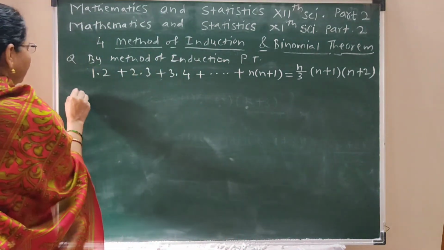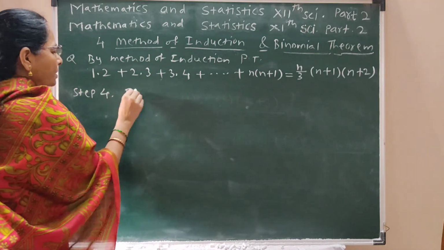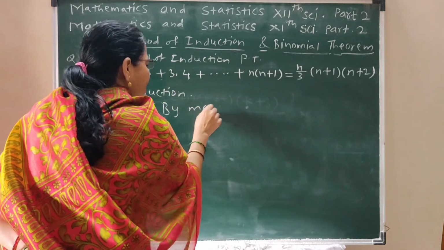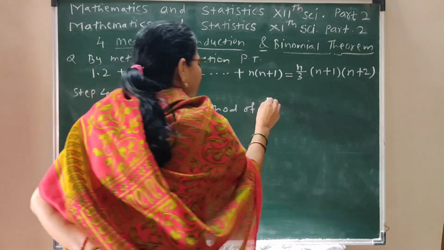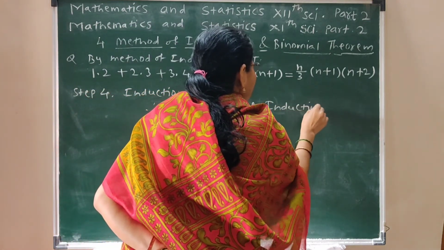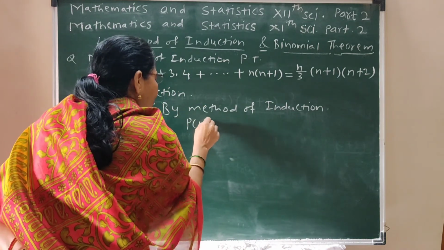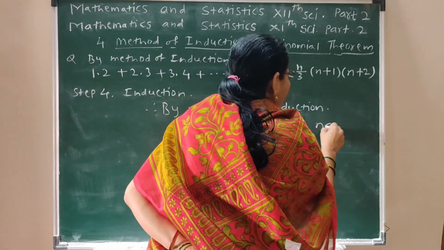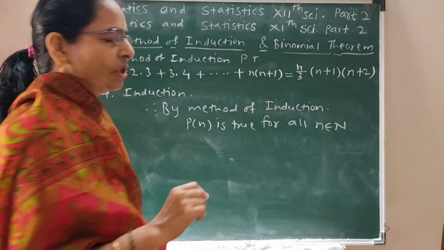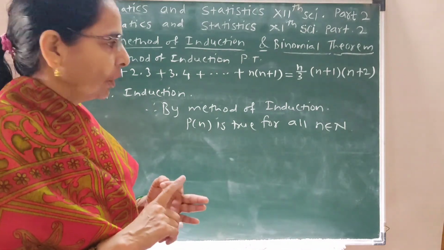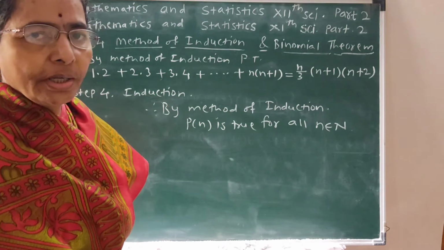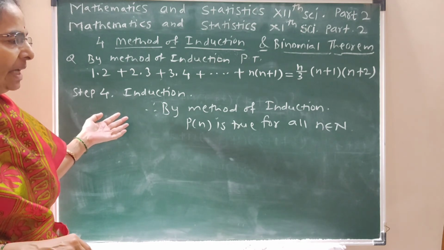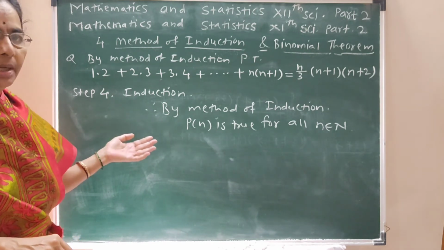Step 4, induction. Therefore, we say that by method of induction, Pn is true for all n belongs to N. It is true for 1, true for k plus 1, so that it is true for all n belongs to N. And important steps are foundation, assumption, succession and induction.